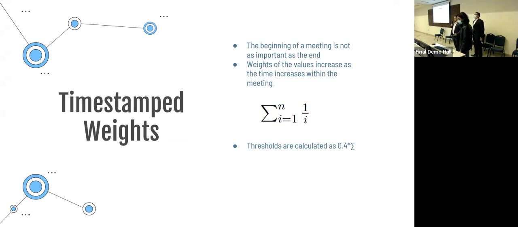So we have made a way of ensuring that higher weights go to the end of the meeting, and this is done by having 1 over n minus i inside a for loop, which gives us the weight of any given frame inside the meeting, and these values are then calculated into different thresholds, which are the sum of the series multiplied by 0.4.